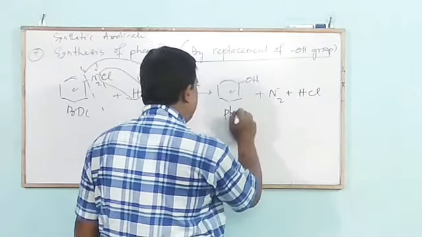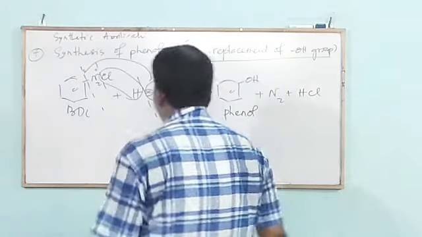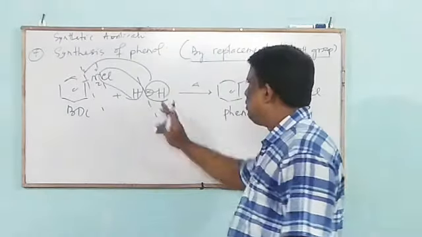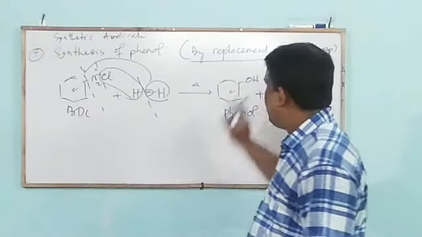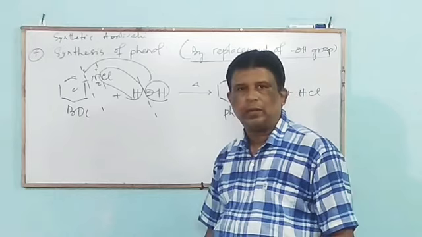Its name is phenol. So when benzene diazonium chloride undergoes hydrolysis, phenol is formed. That means the diazo group is replaced by the hydroxyl part.